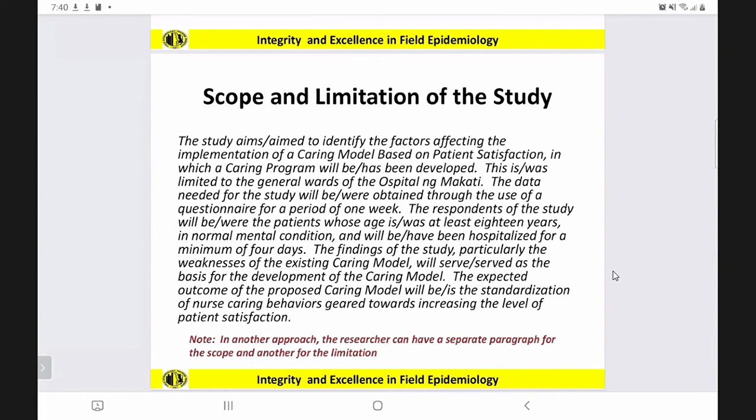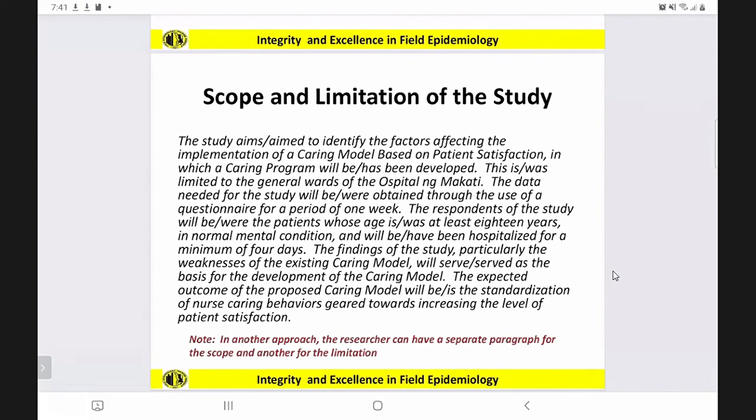The data needed for the study will be or were obtained through the use of a questionnaire for a period of 1 week. The respondents of the study will be or were the patients whose age is or was at least 18 years, in normal mental condition, and will be or have been hospitalized for a minimum of 4 days.